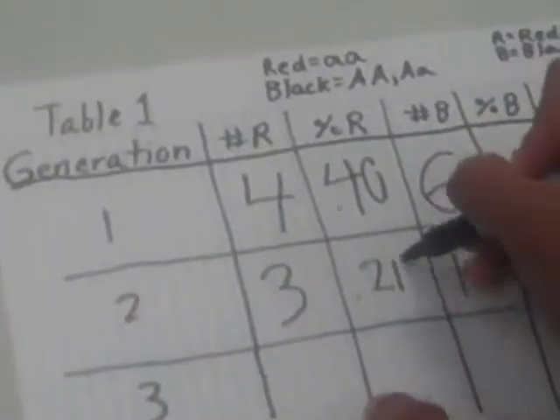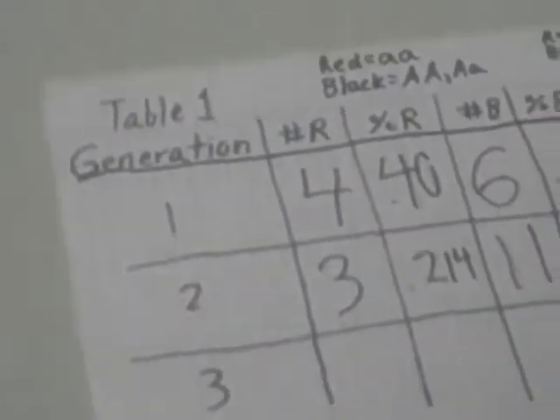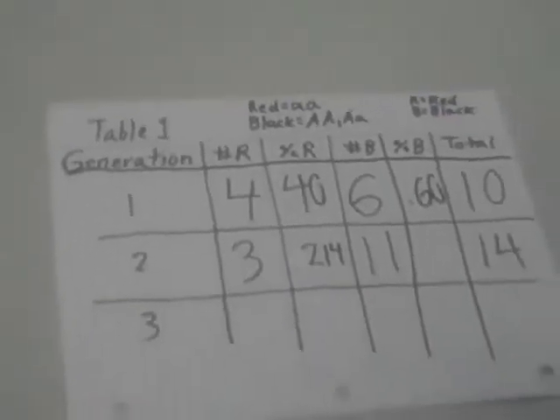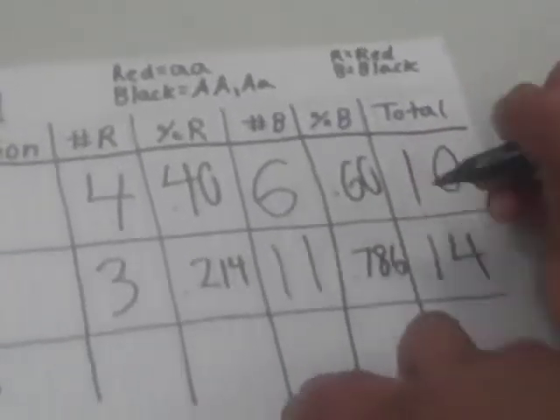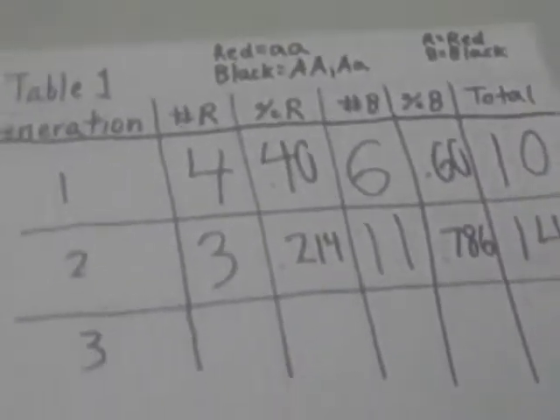So we have 0.214 of the population as the reds, and 11 out of 14, 0.786 of the population, is the blacks.